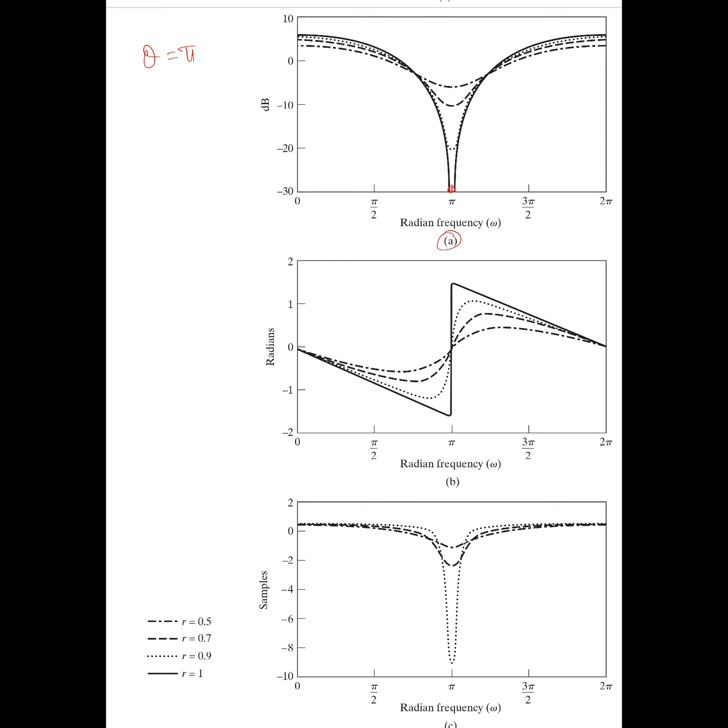Now the second plot is about the phase function, which has a positive slope around omega equal to theta, since theta is equal to pi. So here you see the positive phase slope at omega equal to theta, which becomes infinite in principle as r approaches 1, in comparison to other r's from 0.5 to 0.9. So it is straightforward that for r equal to 1, the phase function is discontinuous with a jump of pi radians at omega equal to theta.